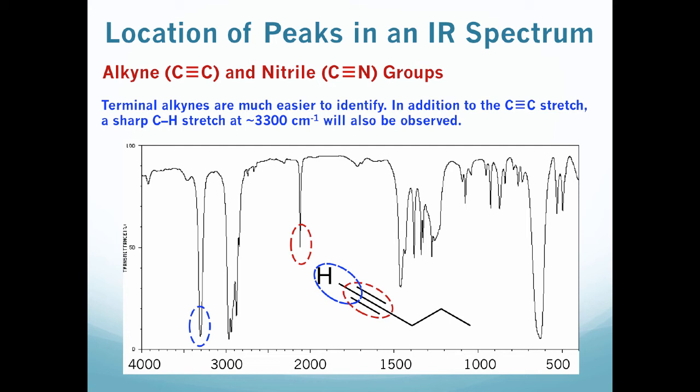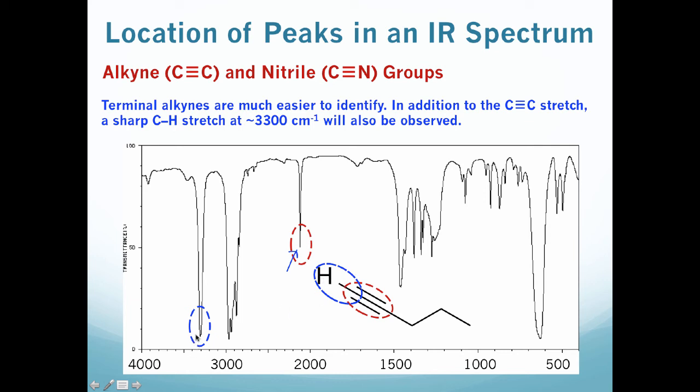Now, if we move from an internal alkyne to a terminal alkyne, it's going to be much easier to distinguish. First, we have our carbon-carbon triple bond stretch right around 2100. That's this peak right here. But now, because we have a terminal alkyne, we have the carbon-hydrogen stretch.